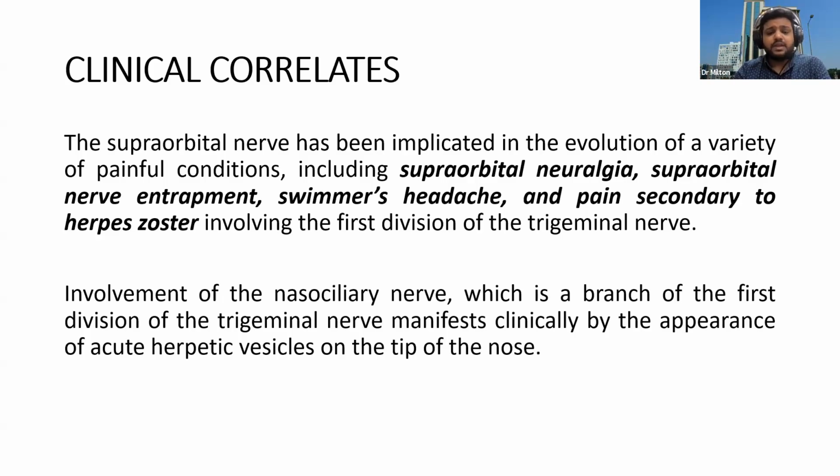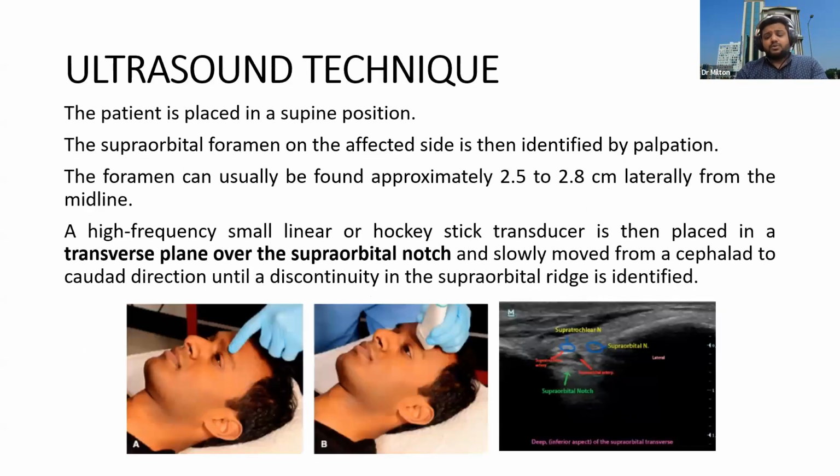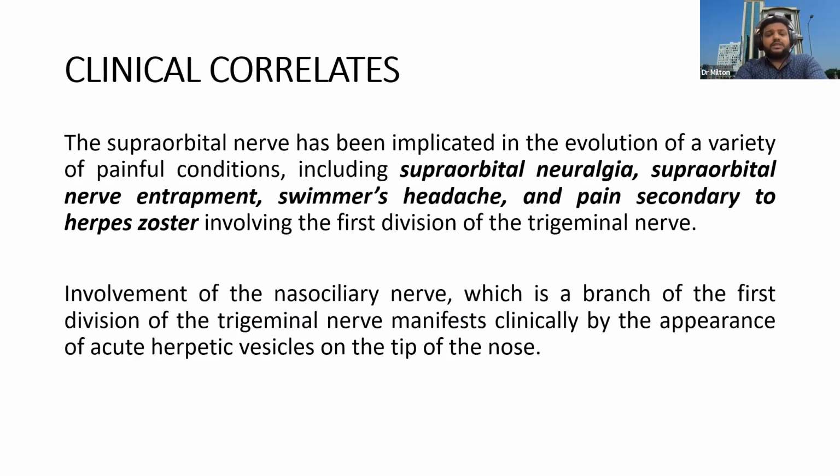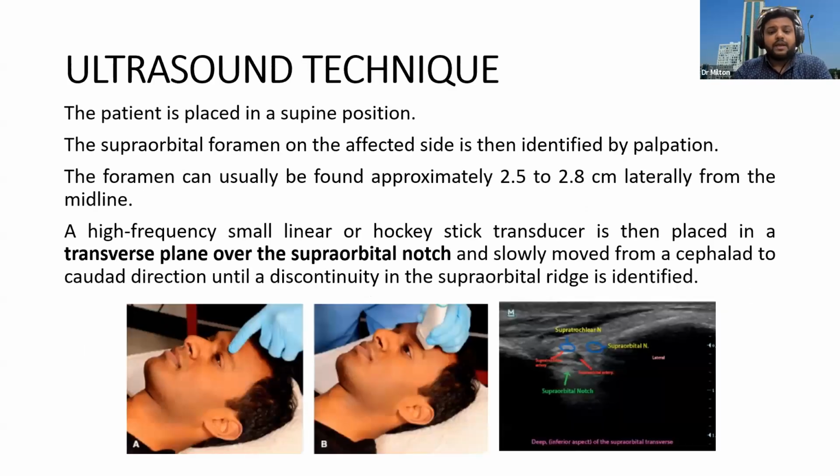Clinically we find these things: supraorbital neuralgia, sometimes entrapment, sometimes headache when swimmers wear very tight goggles, and many times herpes zoster involvement of the V1 division of the trigeminal nerve.